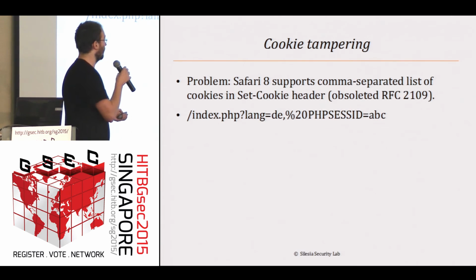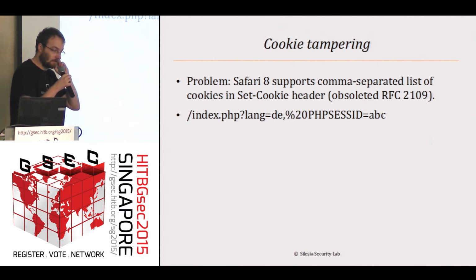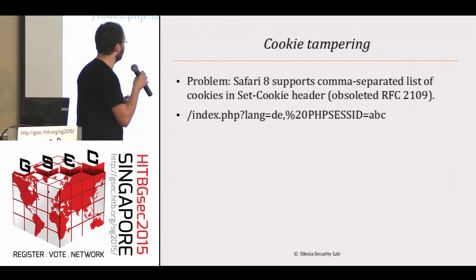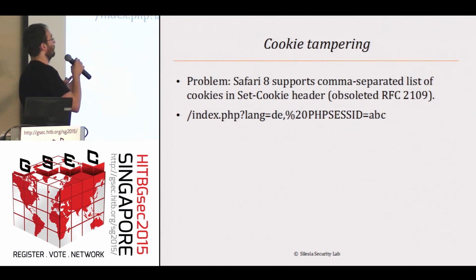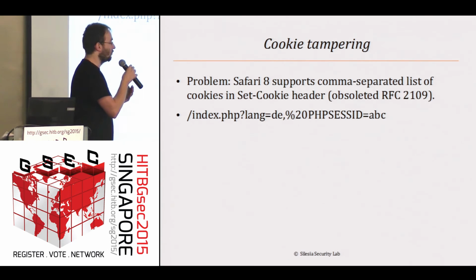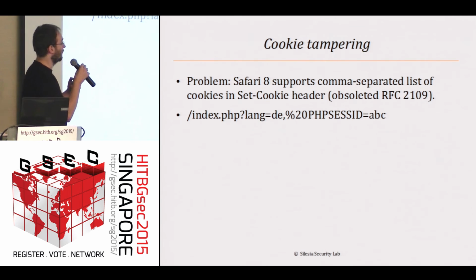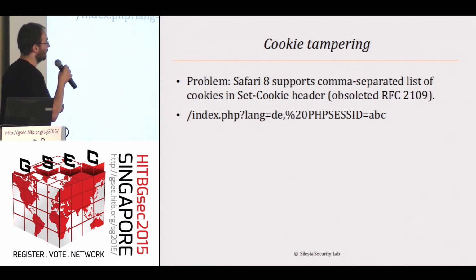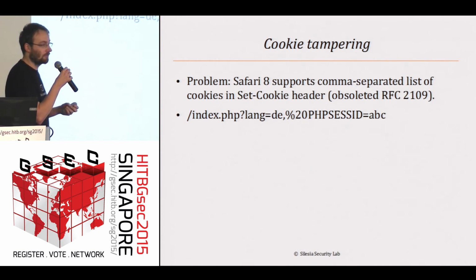So what's the consequence? The attacker via this obsoleted, comma-supported list of cookies in the Set-Cookie header from the obsoleted RFC 2109 is supported in Safari. So of course, the prerequisite is that there is no cross-site request forgery token, right?